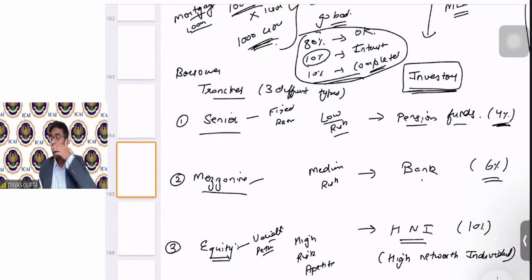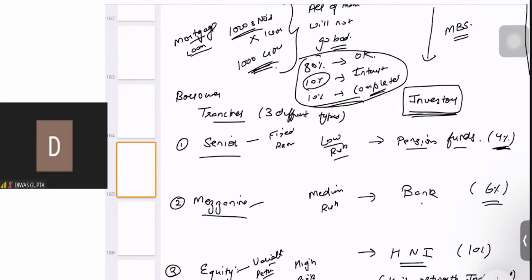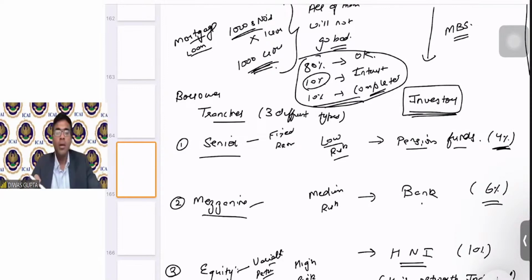What is the portfolio here? Portfolio is the mortgage loans. Correct, friends? Clear till now, students? Shall I move ahead?